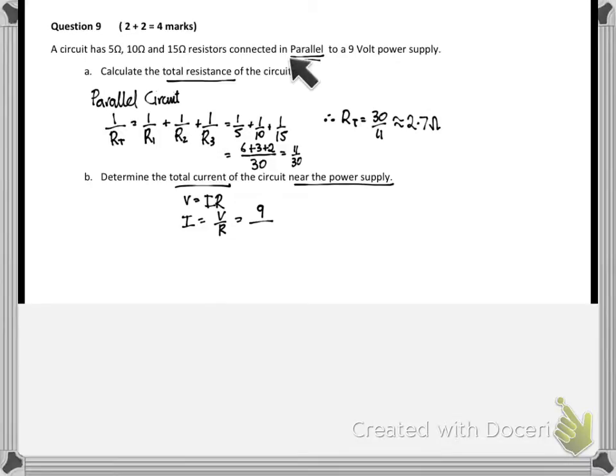So our electric potential is 9 volts, but the total resistance now was 30 on 11. Dividing by a fraction is like multiplying by the fraction upside down. So 9 times 11 over 30 gives you 99 over 30, which is approximately 3.3 amperes of current. Well done.